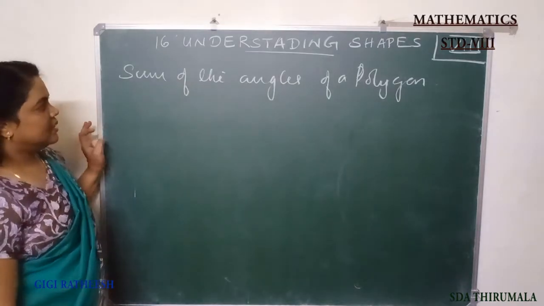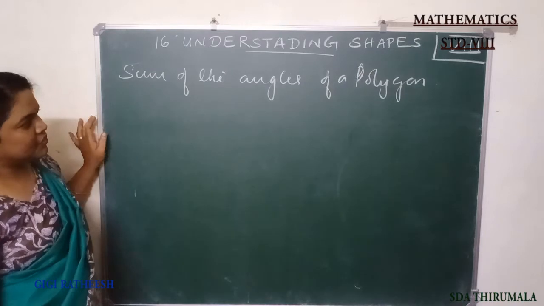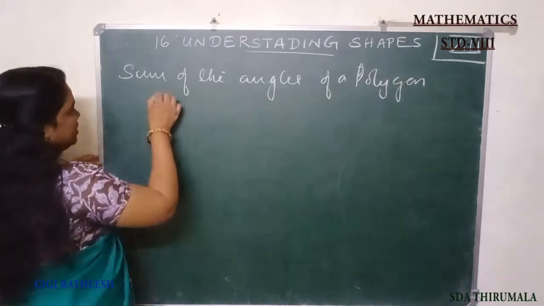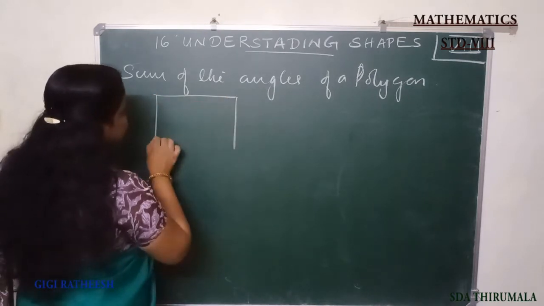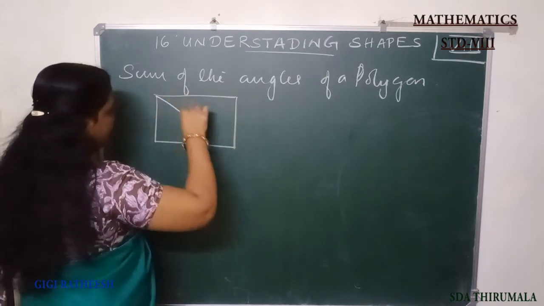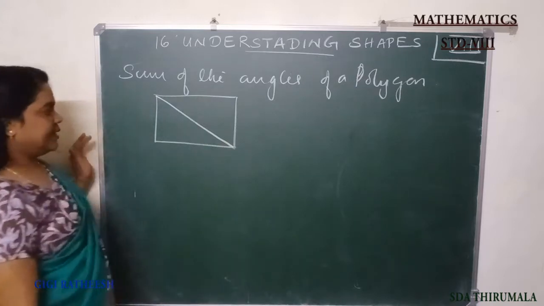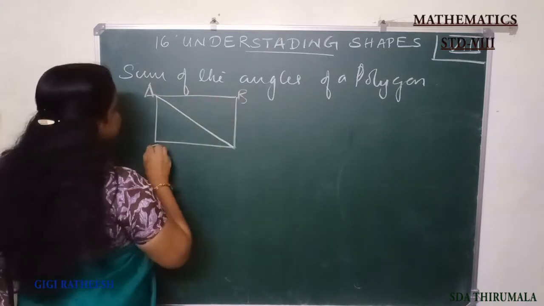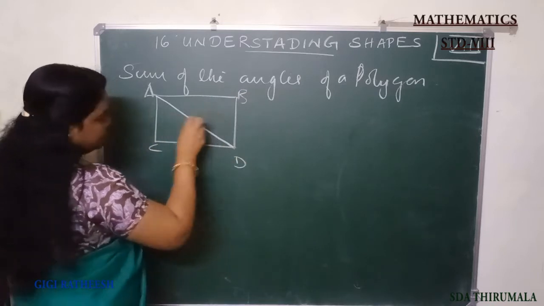Next, okay, we calculate the sum of the angles of a polygon. Here are some polygons. Draw a diagonal, connecting A, B, C, D. And here there are two triangles.